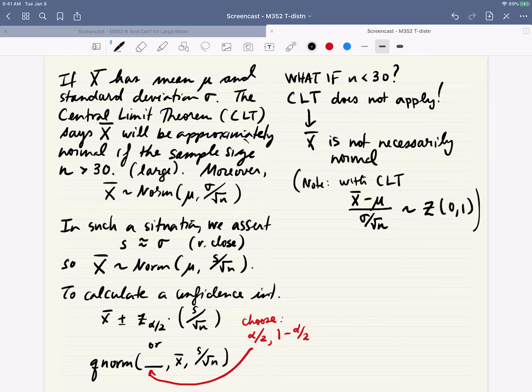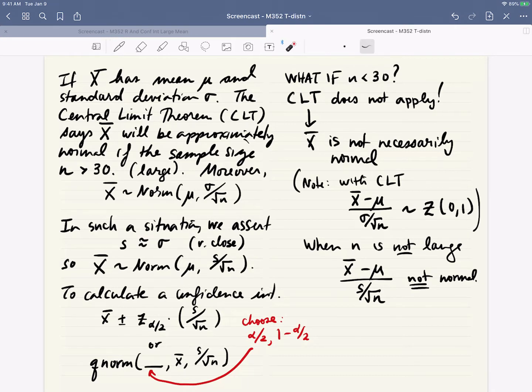Now, in our situation, when n is not large, these numbers are not normal. And I'm going to tell you what distribution they follow, but these are not normal.